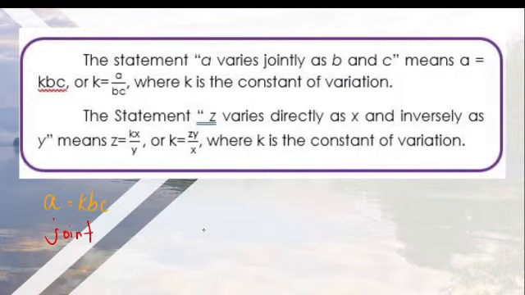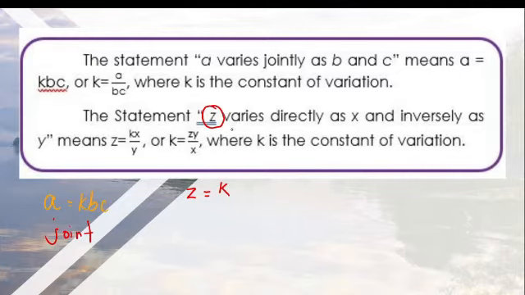For combined, it is a combination of direct and inverse, or joint and inverse. It also has more than 2 variables. Let's say the statement is z varies directly as x and inversely as y. We follow the first variable mentioned, which is z, so this will be the one isolated equal to. The k always comes right after, no matter what.